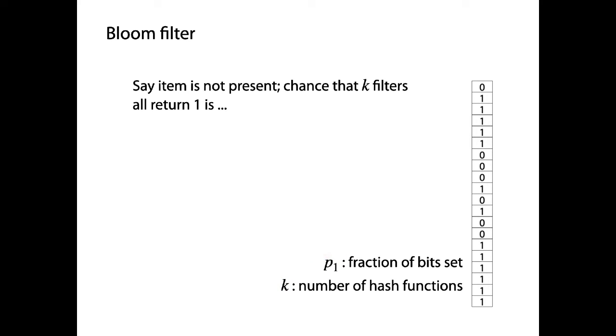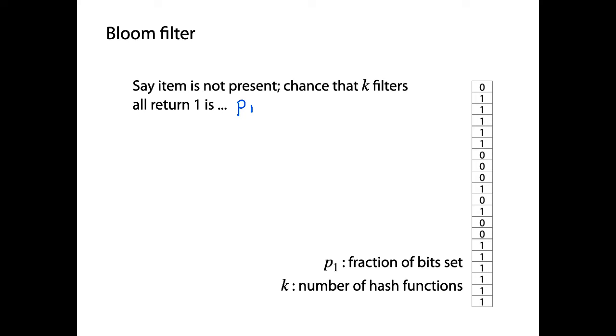Let's use a variable p sub 1, which is basically the fraction of bits in the Bloom filter that are set to 1. So what do I write here? In each Bloom filter, p sub 1 is the chance that a random hash function, a random probe, right?